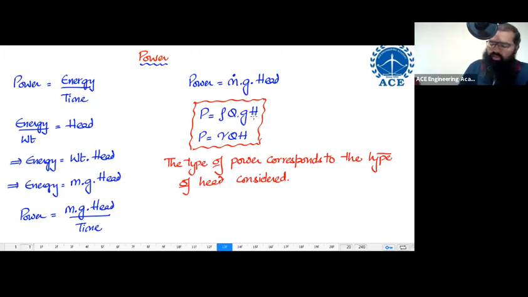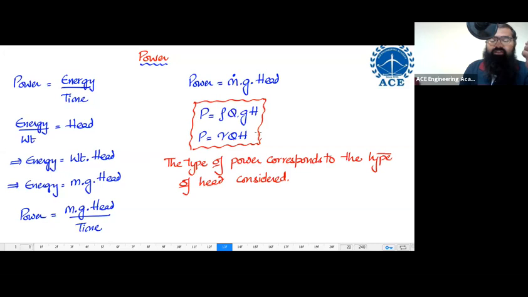So whatever type of head you take, that type of power you are going to get. For example, if I ask you what is the power loss in a particular flow, you are going to write power loss is equal to gamma into Q into which head? Head loss.